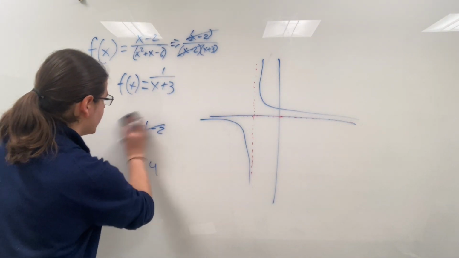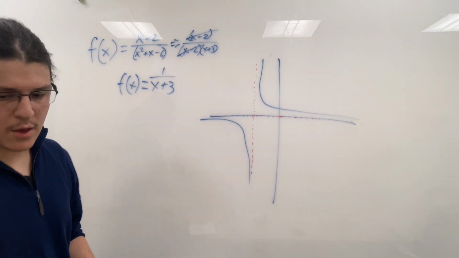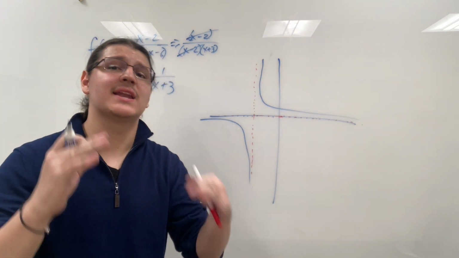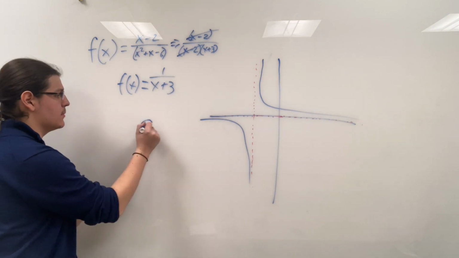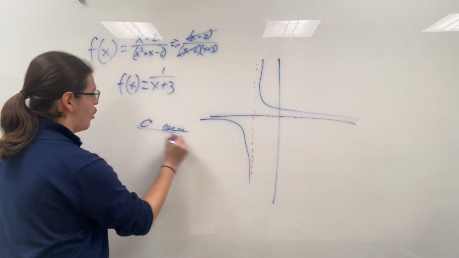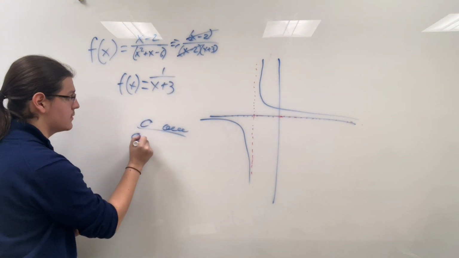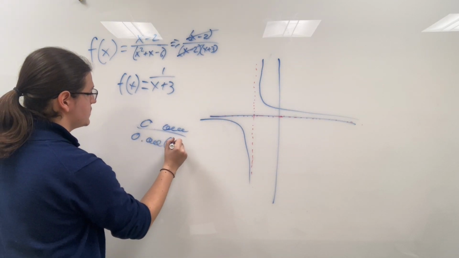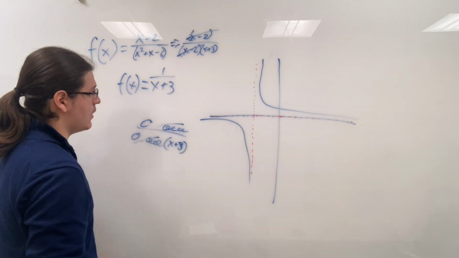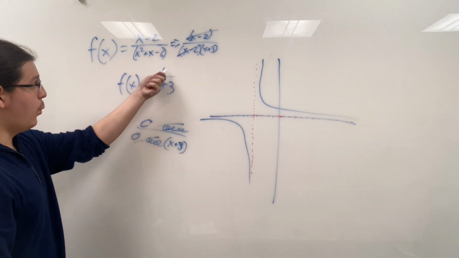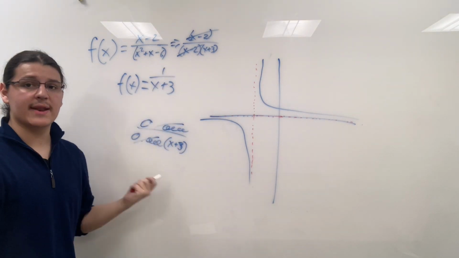If we put in 1.99999999 minus 2, that very small number, over the same thing times x plus 3, these are going to cancel out, and we're still just going to get 1 over whatever that is.